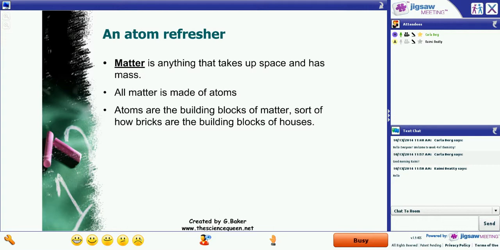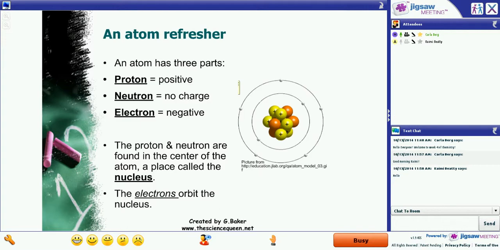And just like bricks of a house, if you arrange them certain ways, if you have 50 bricks and you make 2 stacks 25 high, you'll have a nice tall structure. If you make 5 stacks 10 high, you'll have a shorter structure. Atoms are the same way. Depending how they are put together, they will build different things, or different types of matter.